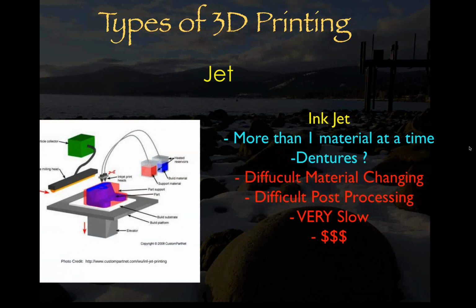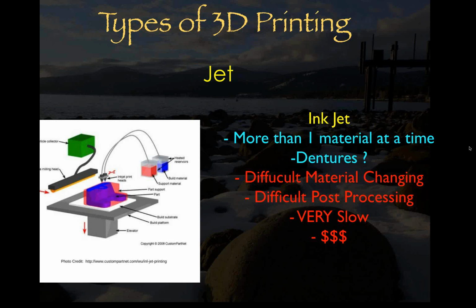Jet printing: now this technology can actually print more than one material at a time. And this is where people are looking potentially at doing two or more colors, like dentures, pink and white, or pink and multiple shades, and maybe even layering of the actual teeth with this technology. But it's really difficult to change materials.